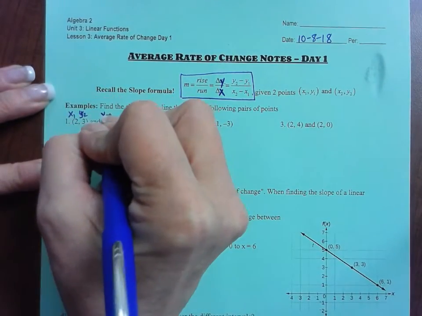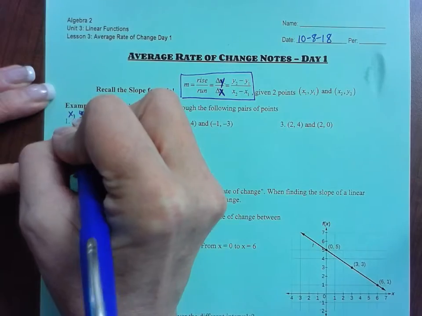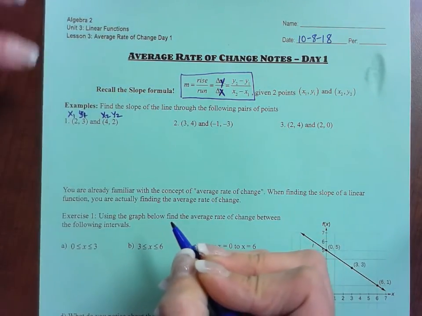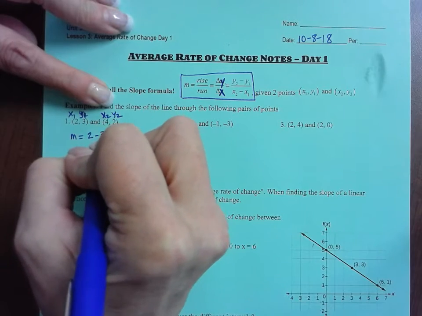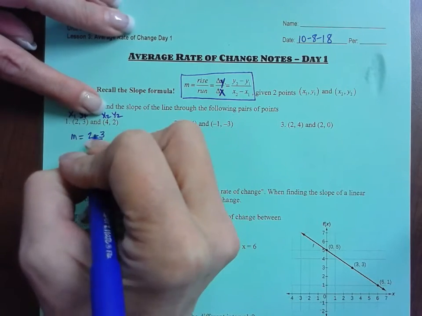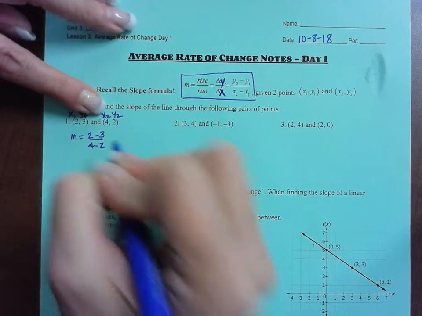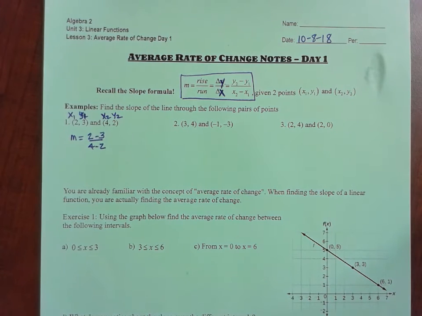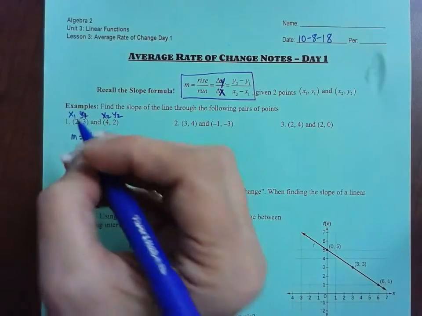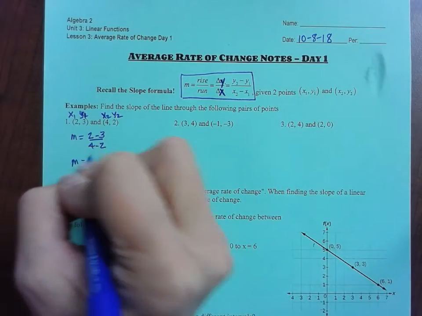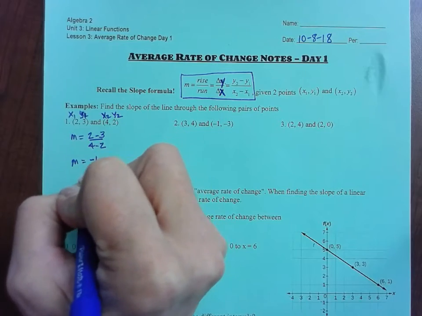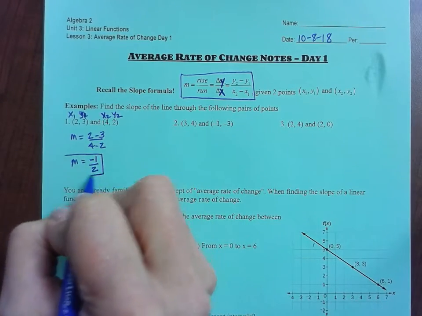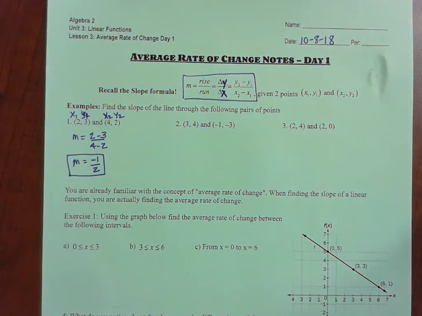So my slope is going to be 2 minus 3 over 4 minus... Which makes my slope 2 minus 1 is negative 1. 4 minus 2 is 2. So I have a slope of negative 1/2.